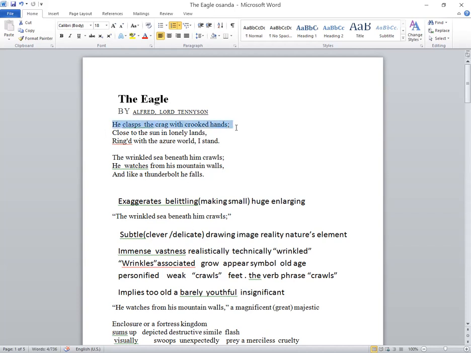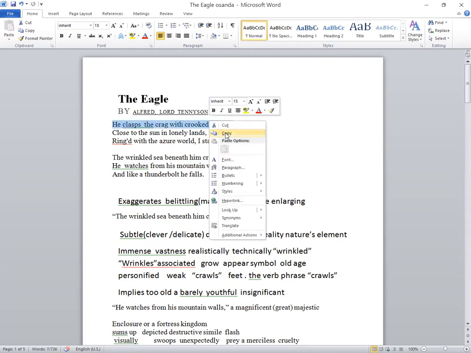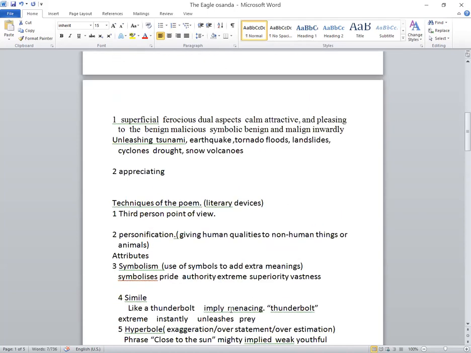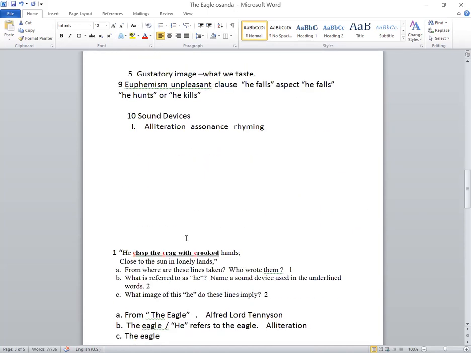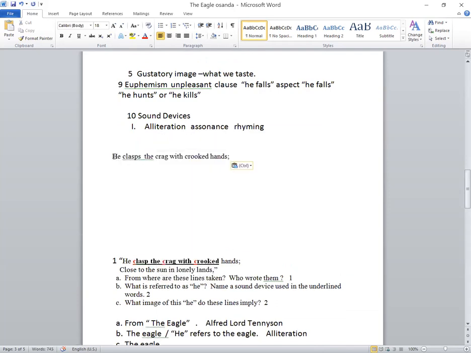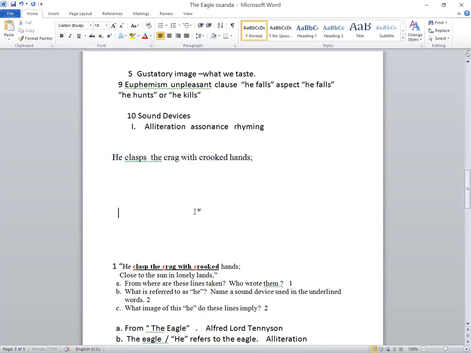Right? We'll quote that line to analyze. Now this is the line. "He clasped the crack with crooked hands."